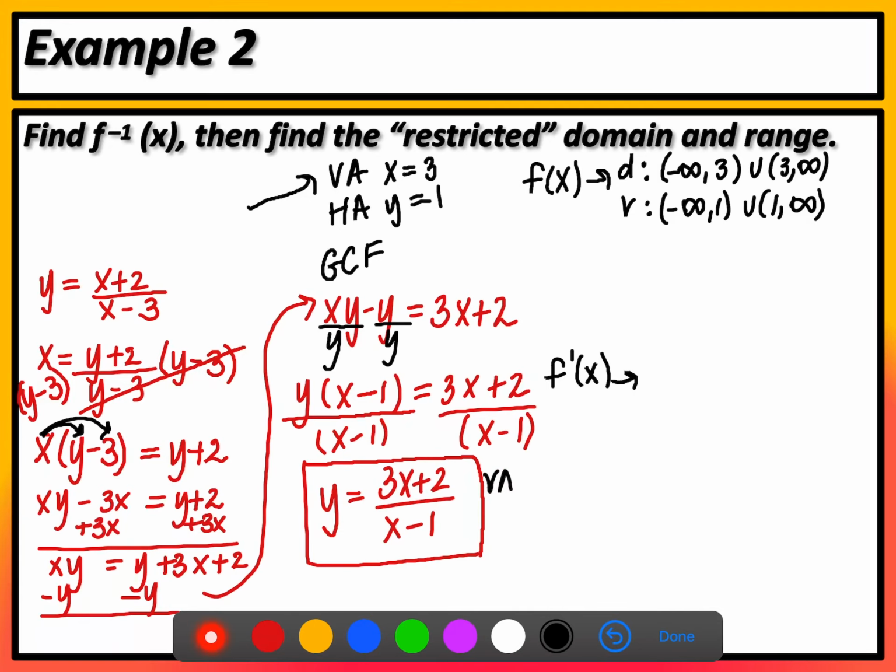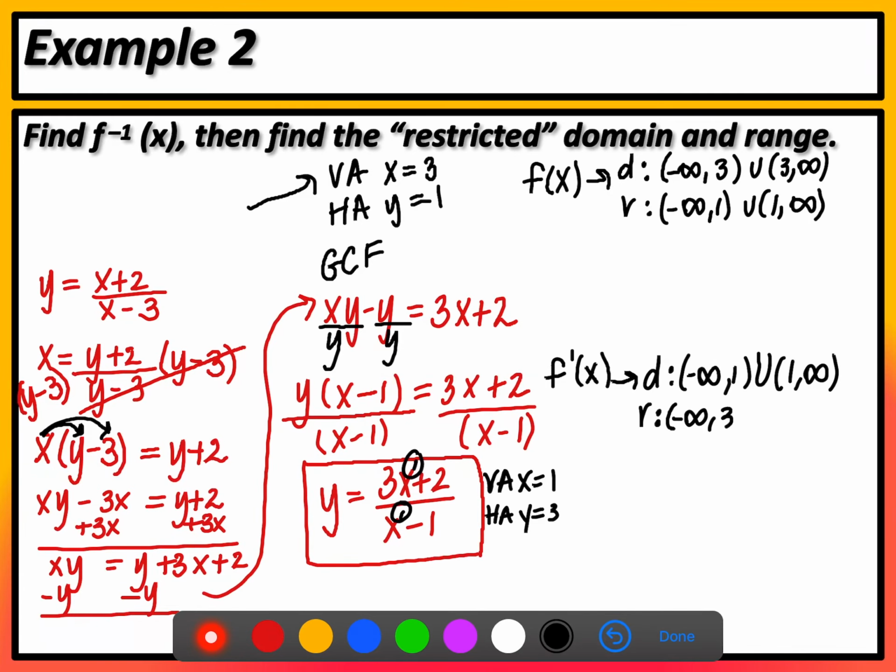Okay, so I'm looking at, okay, I do have a vertical asymptote at 1, which would affect my domain, and a horizontal asymptote at y equals 3 because the degrees are equal, which means I'm looking at leading coefficients. Okay, so the domain here is going to be negative infinity to 1 and 1 to infinity, which matches the range from the original.